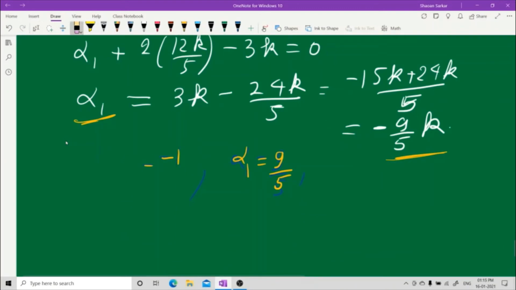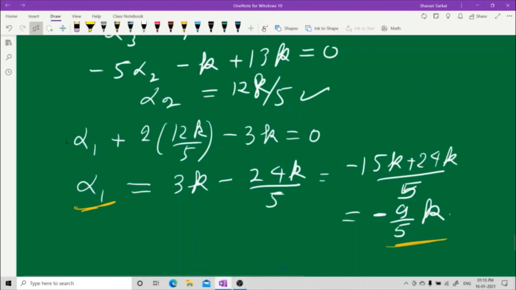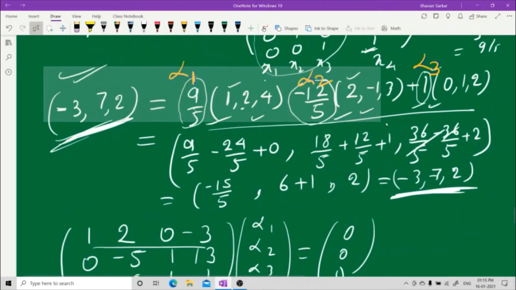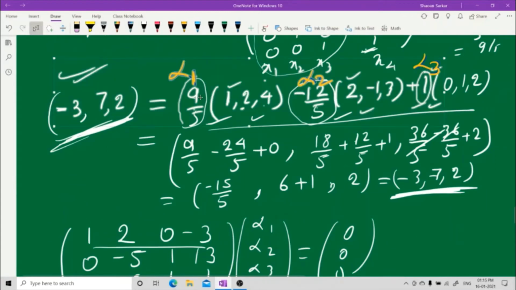In the method I made you see here, I got alpha 1 as 9 by 5, alpha 2 as minus 12 by 5, and alpha 3 as 1.